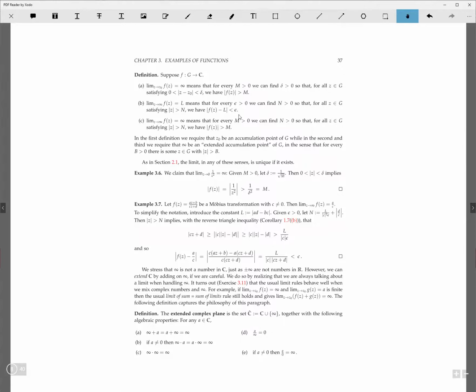Let's talk a little bit more about infinity. If infinity is going to be a point, then we have to come up with how to handle limits near infinity.